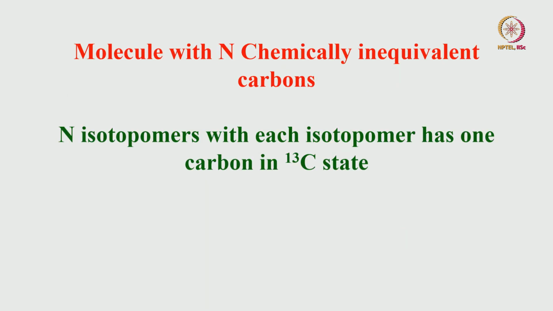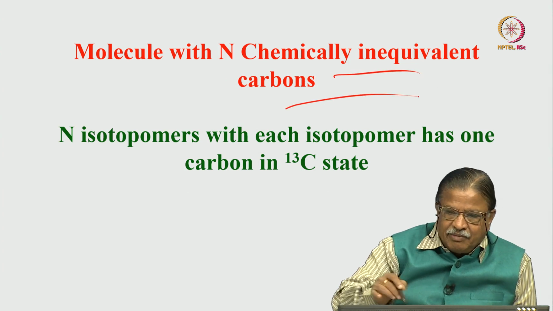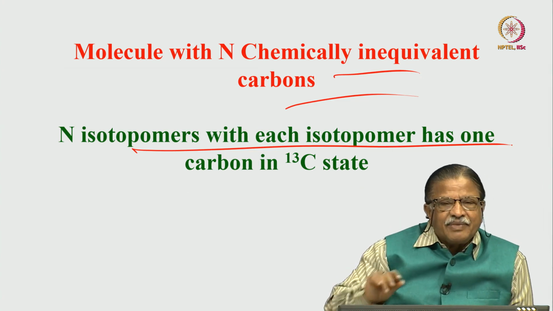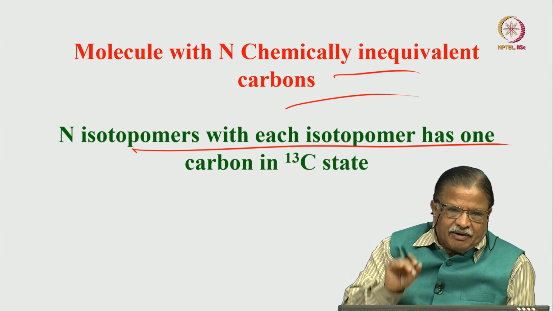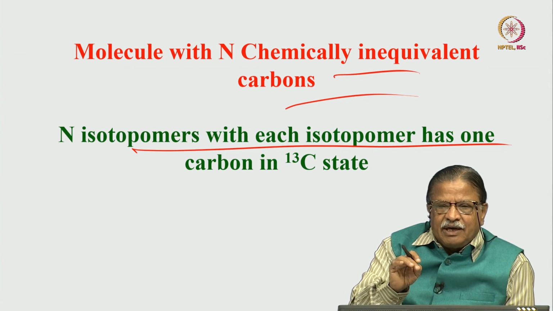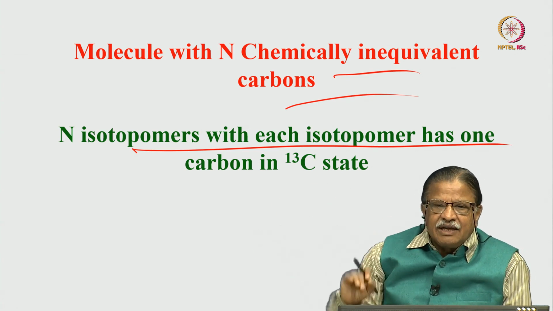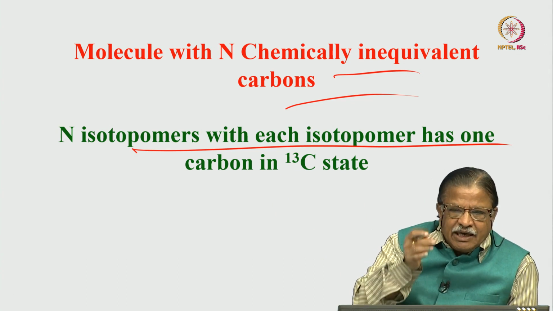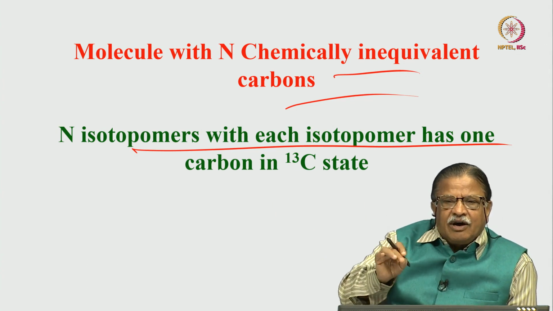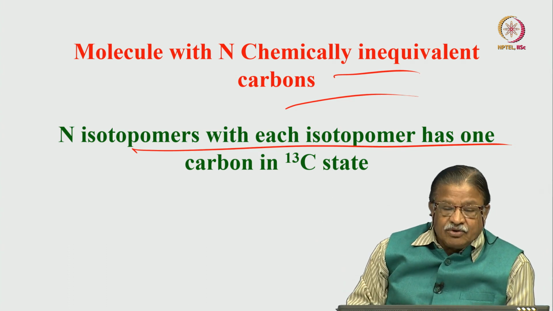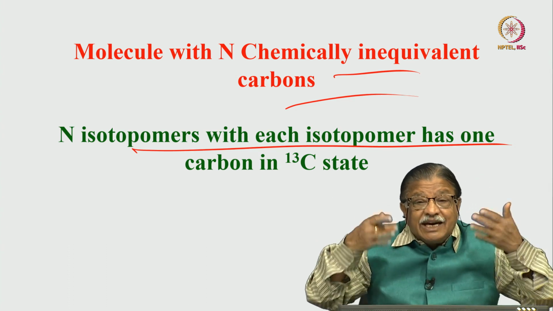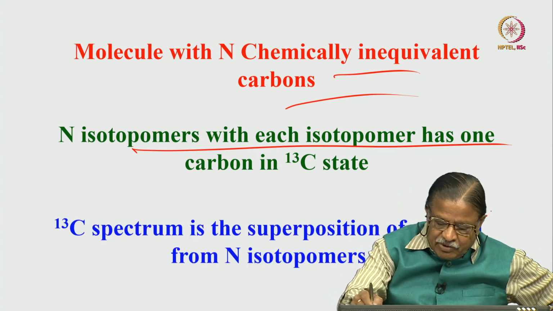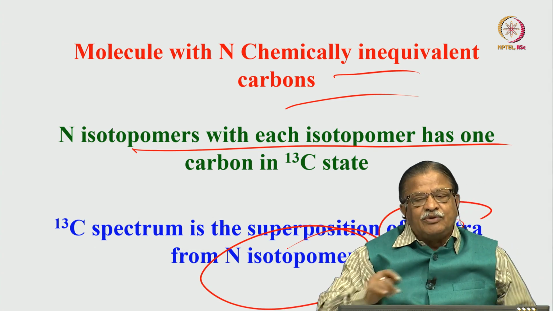Whereas, for a molecule with n chemically inequivalent carbons, n isotopomers are there, each with a different carbon in the carbon-13 state. Each isotopomer will have one carbon in the carbon-13 state. So, if there are n isotopomers, you have n spectra overlapped. So, the carbon-13 spectrum is the superposition of spectra from n isotopomers.